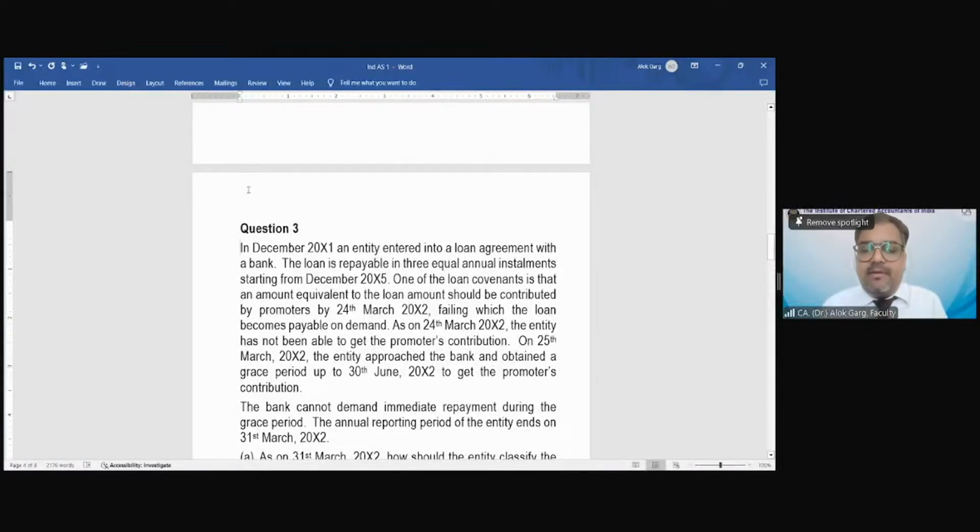In December 20x1, an entity entered into a loan agreement. Prithvi Raj is asking, sir, whether the paragraph number needs to be quoted. The paragraph number is not required to be written in the exam, right?